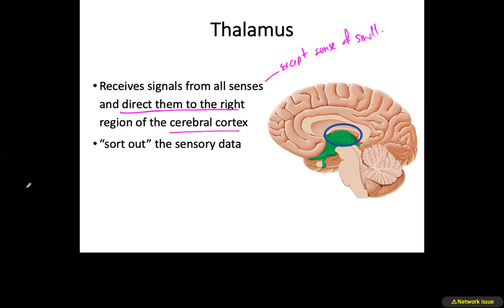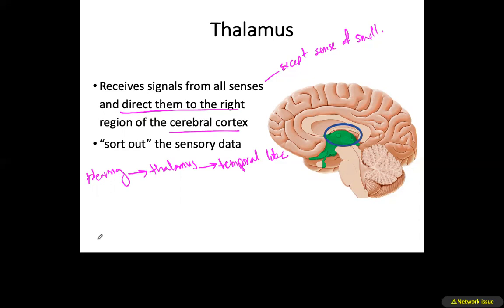Let's look at an example. Let's say data comes from your ears, your sense of hearing. So the hearing data first goes to the thalamus. Thalamus adjusts the signal and figures out that this signal is from your ears or from your sense of hearing, and it sends it to the temporal lobe.